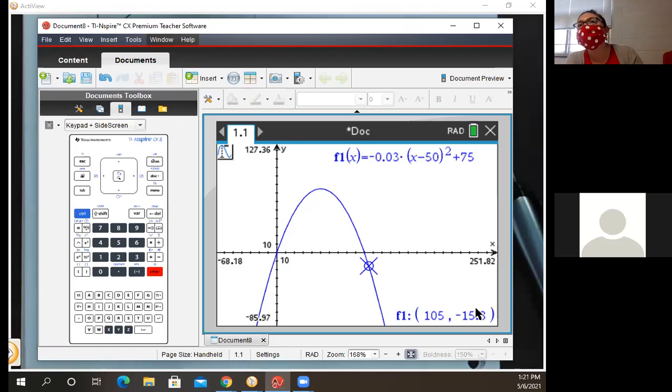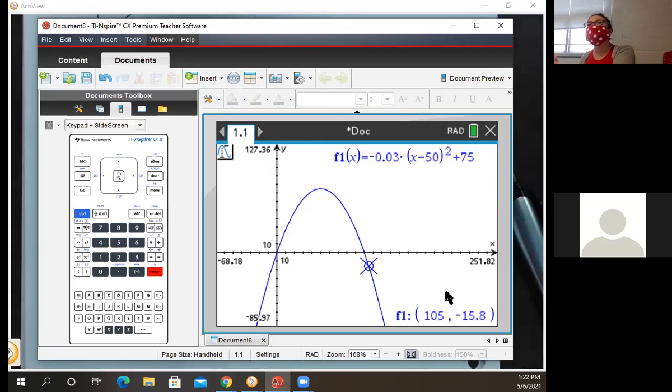Okay, so our y value is negative 15.8. So we're talking about somebody who's kicked a football, and now we're saying negative 15.8 feet is the height of that football. What would that mean for our problem? Well, if we just talk about the height that I've got right here, it means that the ball hit the ground and then tunneled under the field, right?